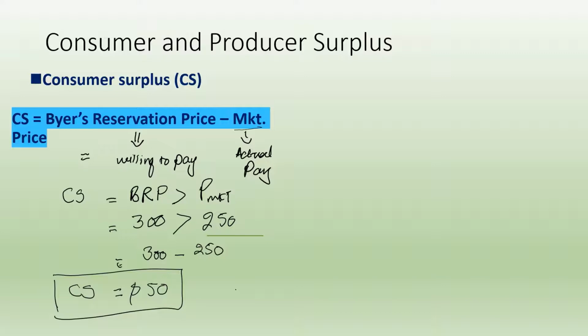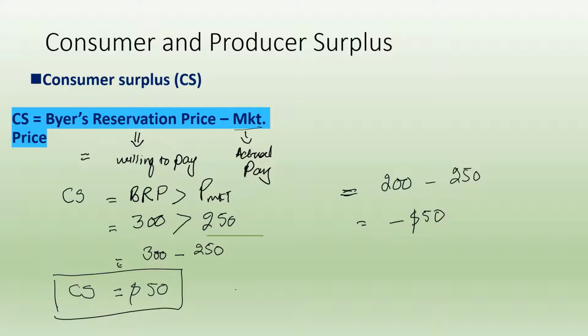Maybe for individual 2, the reservation price to buy a laptop is, let us say, just 200, right? But the actual price is 250. So in that case the difference is going to be negative, minus $50, right?